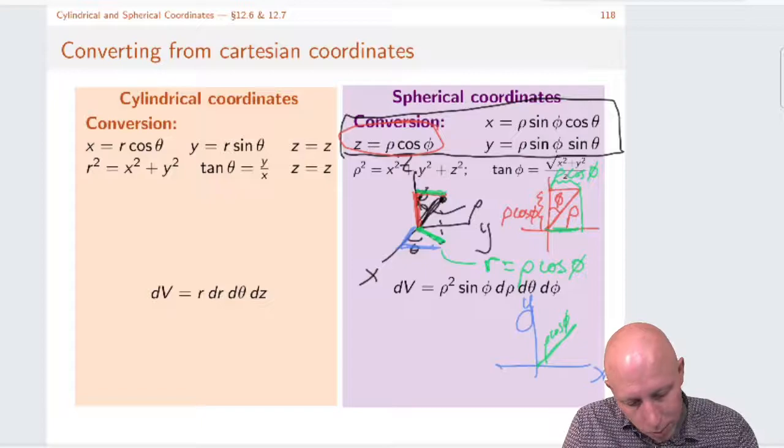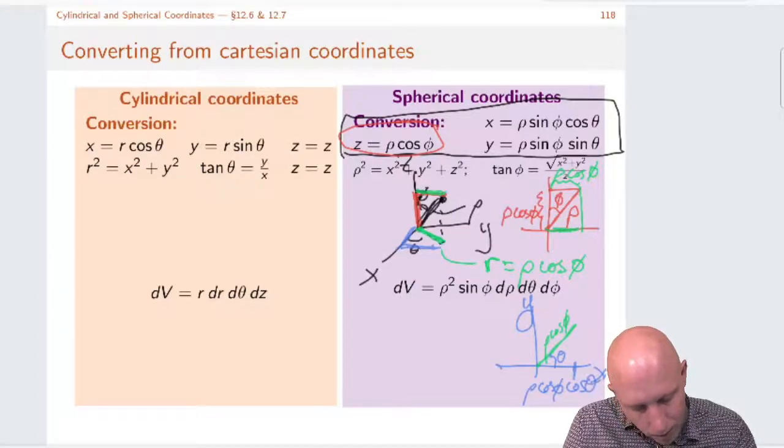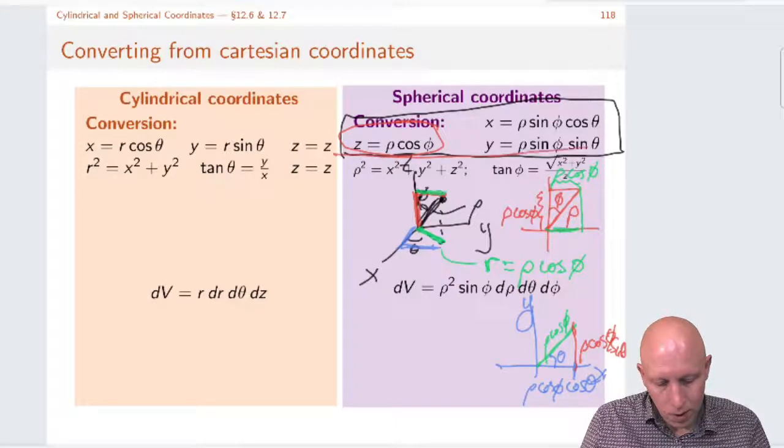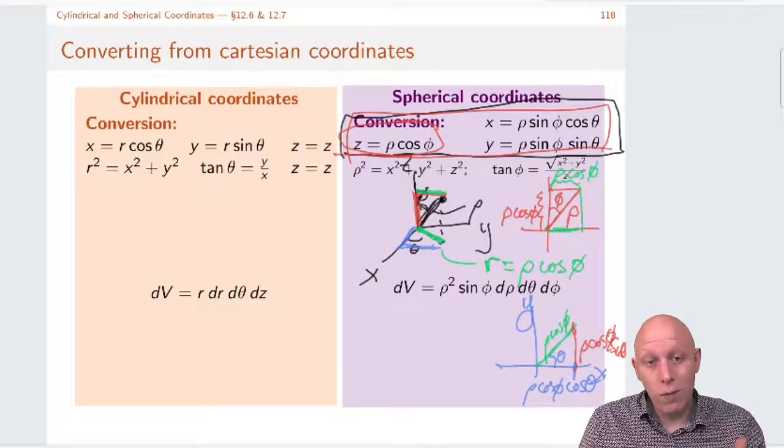So the x direction, if this is theta, is going to be rho sine of phi cosine of theta, whereas the y direction is going to be rho sine of phi times sine of theta. That's where we're getting these equations. So if we have rho, theta, and phi, then we can calculate x, y, and z.